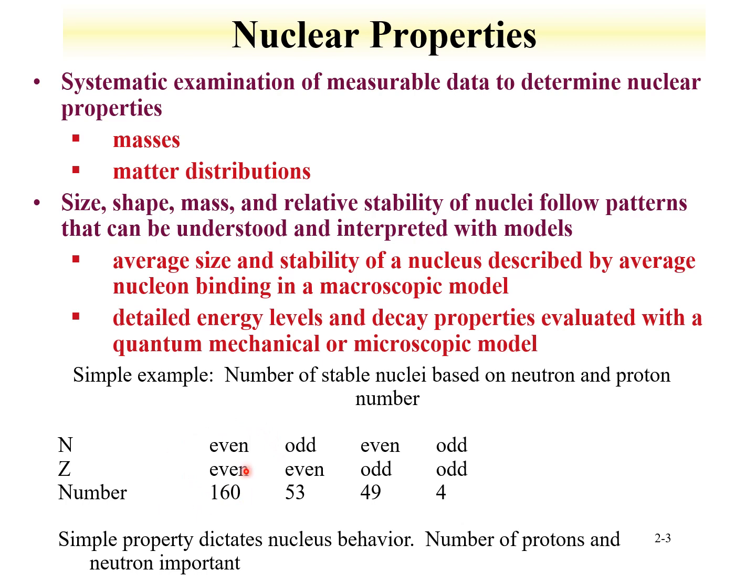There's about an equal number that have odd number of neutrons, even number of protons, and then an odd number of protons, even number of neutrons. There are only 4 stable nuclei that have odd numbers. So odd number of neutrons, odd number of protons. Chances are, if you have an isotope that has an odd number of neutrons, odd number of protons, it's not going to be stable.